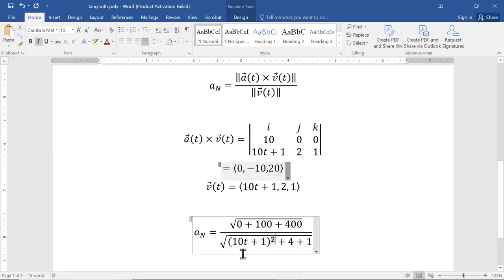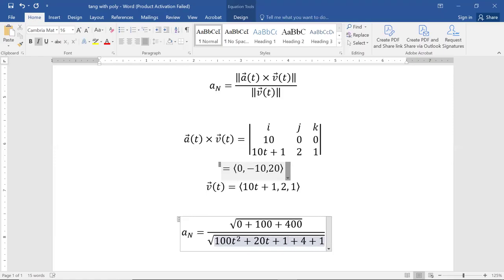If you remember, we've actually already done the calculation. We've simplified the calculation in our denominator. When I multiply this, I get 100t squared plus 20t plus 1. And then the plus 4 and the plus 1 are tacked on. So that altogether becomes a plus 6.